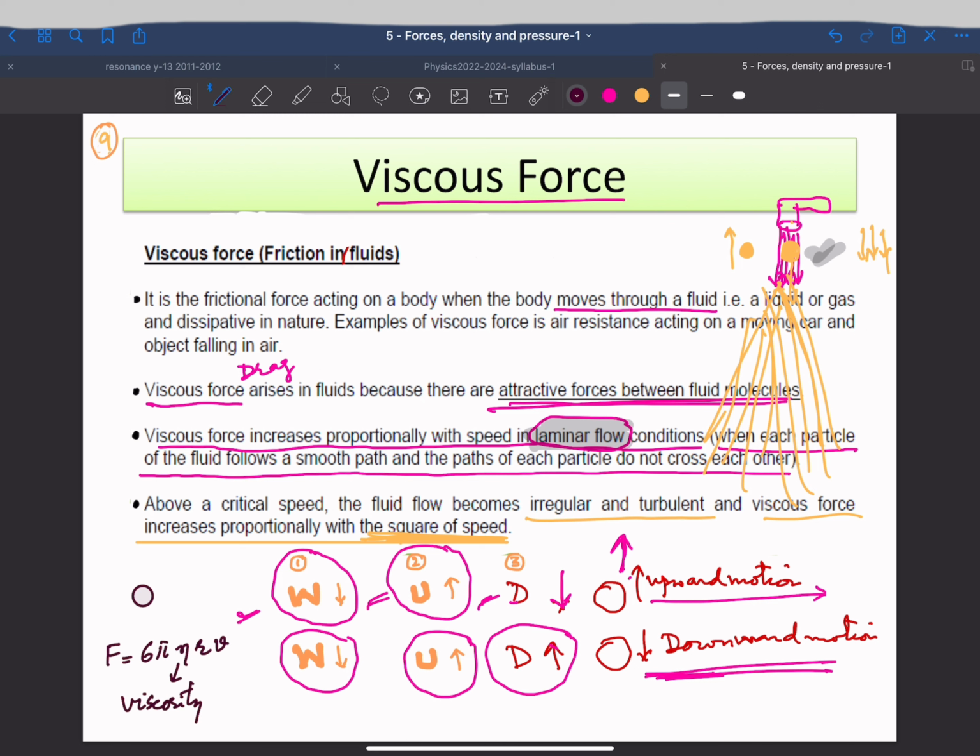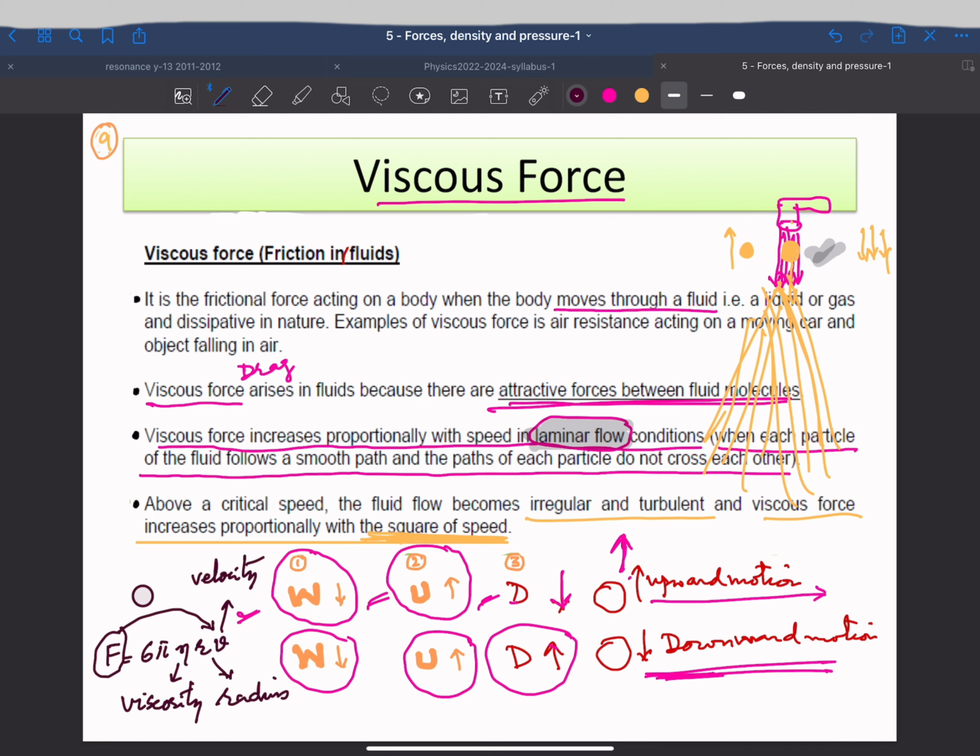Again, as I said, viscosity is something which we have not studied, but R is the radius of this sphere and V is the velocity. So you can see that in this case the drag is directly proportional to the velocity. But of course you will have other conditions as well.